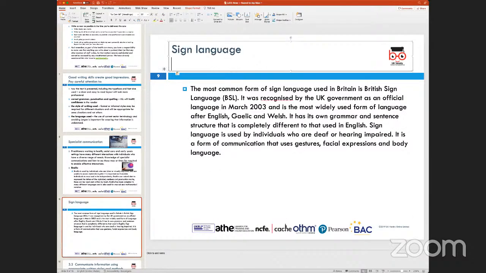The second type, when we talk about, is sign language. So when we talk about British Sign Language in particular, it was developed for people who have a disability in terms of hearing.